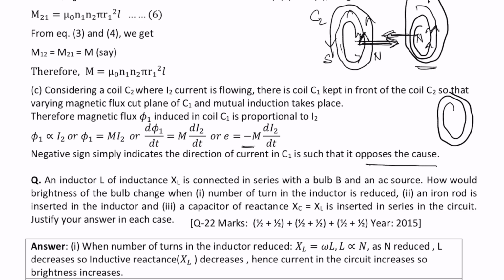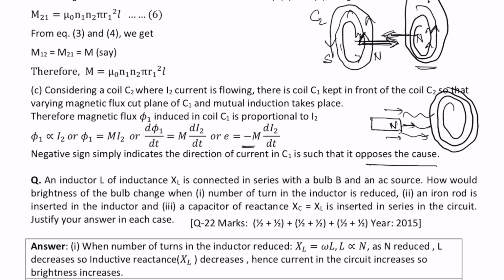I'll explain this Lenz's law again, because in your next questions Lenz's law is asked frequently. Suppose a north pole is approaching here, okay? So what will be the direction of current here? Here also, if we bring a north pole towards this closed coil, then what will happen? The magnetic lines of force cutting the plane of this coil will change.